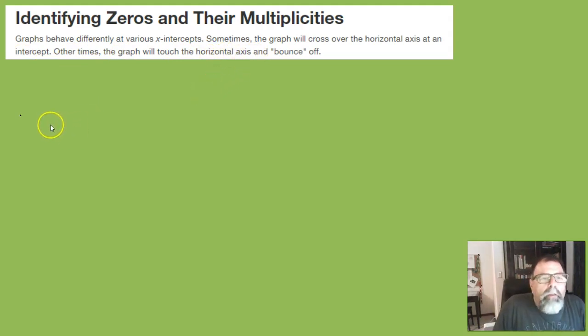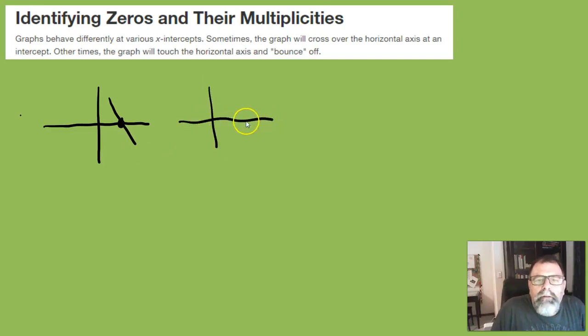So if we have an xy axis, and let's say this is an x-intercept, I could have a graph. As I come down to it, I hit the x-axis, and then I keep going, right? So that will cross it.